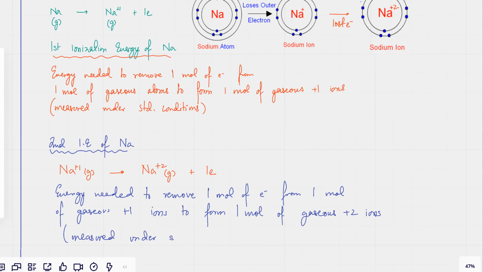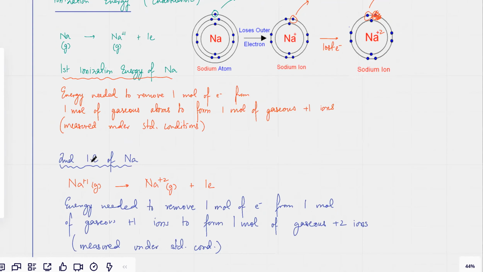So the only difference is that now your starting point is +1, it has already lost 1 electron, now you're trying to remove the second electron. So it's going to form +2 now.